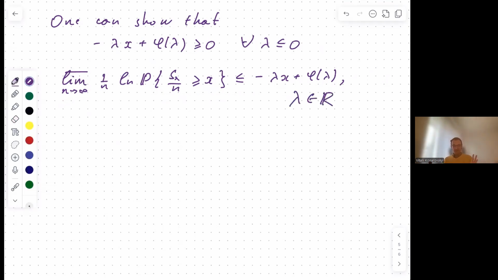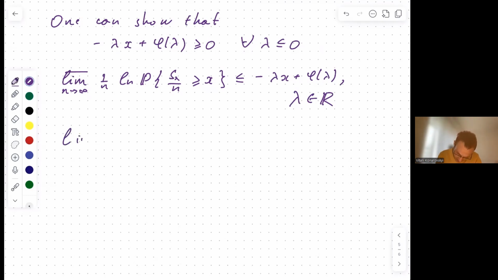Now you see this strange parameter lambda that doesn't exist in the left-hand side, but it is in the right-hand side. What is then the best estimate? Of course, the best estimate is if you take the infimum over all lambda. Since the inequality is true for every lambda, it is also true for the infimum over lambda.